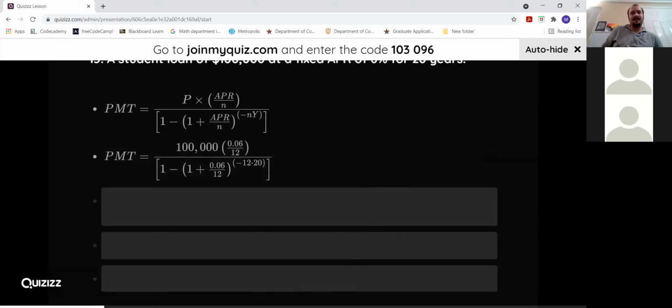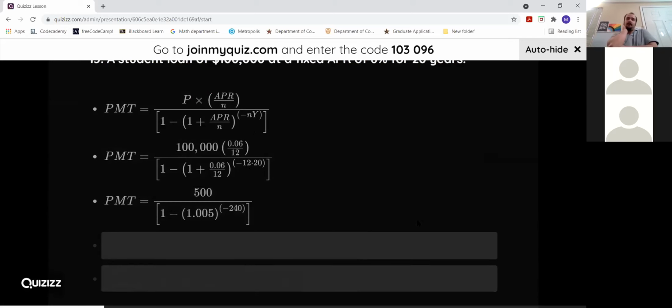But this is our formula. Our principal is 100,000. Our APR is 6%. Our N is monthly, or 12. I'm filling that in. The ones are there. My 0.06 is there. Minus 12 is my N, and 20 is my Y. So if we divide these things on top, we get 0.005.